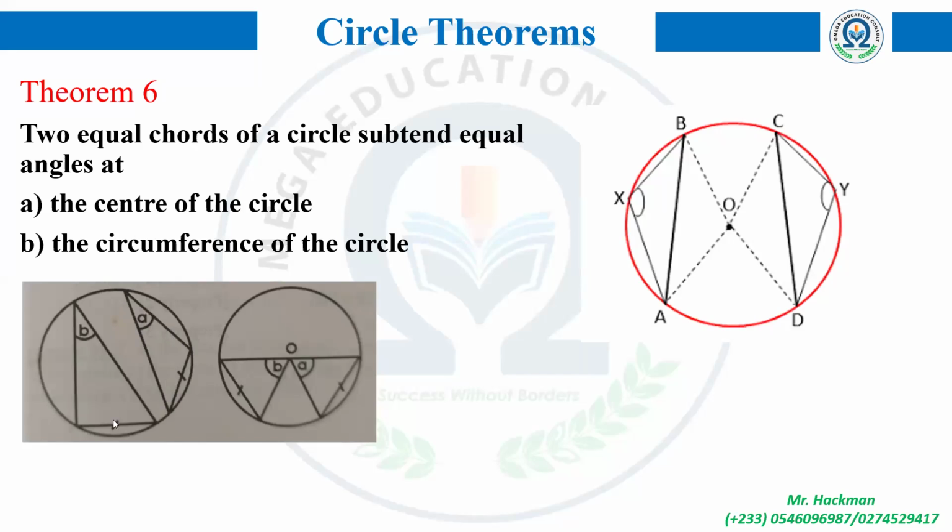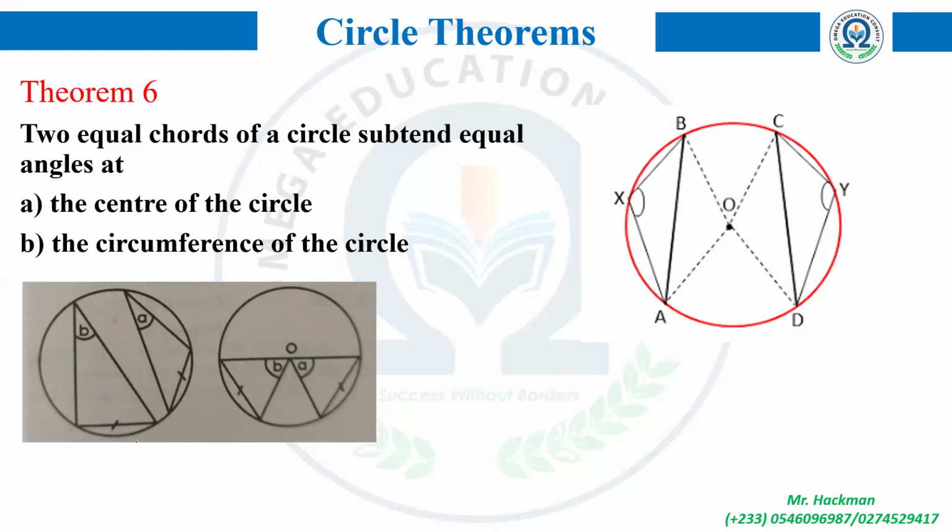Yes. In the same way, if you look at this particular chord, it is equally subtending this angle B at the circumference. And once the chords are of the same length, once the chords are equal, you don't need a rocket scientist to tell you that the angle A must be equal to the angle B, because these two angles are both at the circumference and subtended by equal chords.